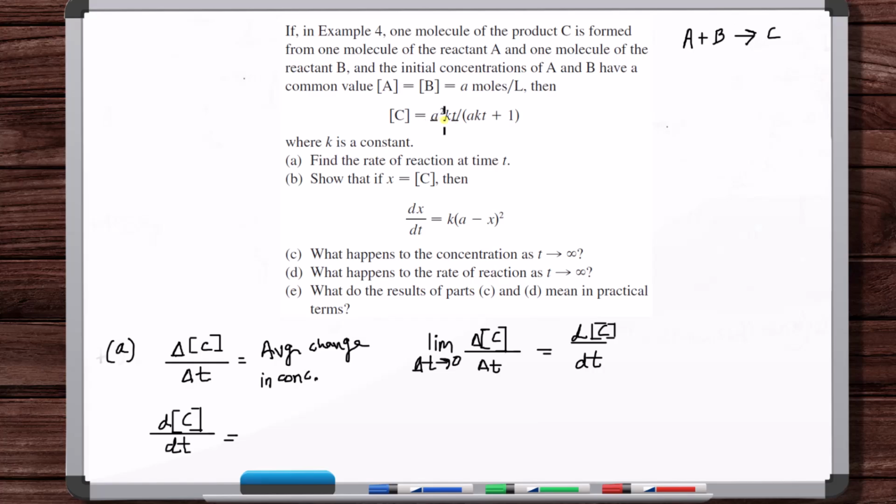Because we've got a function of t in the numerator and a function of t in the denominator. And then k is a constant, a is not a function of t. So quotient rule: the derivative of the top, a squared k since k is a constant, times the bottom, minus the derivative of the bottom, times the top, all over the bottom squared.